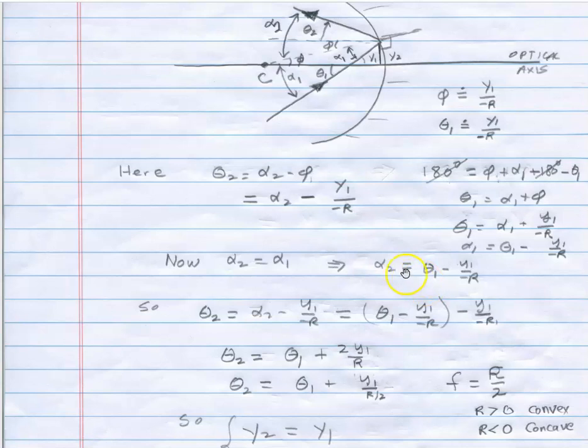Then I can use that to plug in for alpha 2 up here. And so alpha 2 minus y1 over minus r is going to be theta 1 minus y1 over minus r minus y1 over minus r. I've got two minus and minuses, so I might as well make that a plus. And I've got two of those, so I get ultimately theta 2 is theta 1 plus 2 y1 over r.